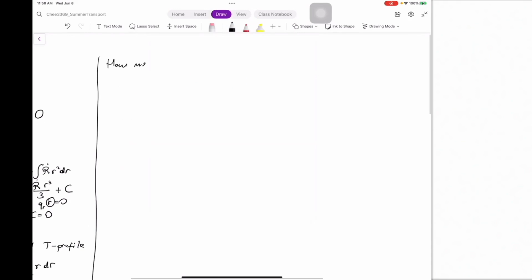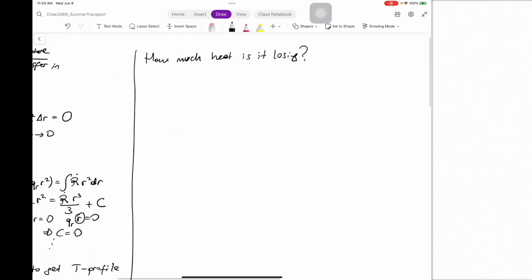So you can say it's just the heat flux QR times 4 pi r squared, right? The outside surface area of the sphere, 4 pi r squared.